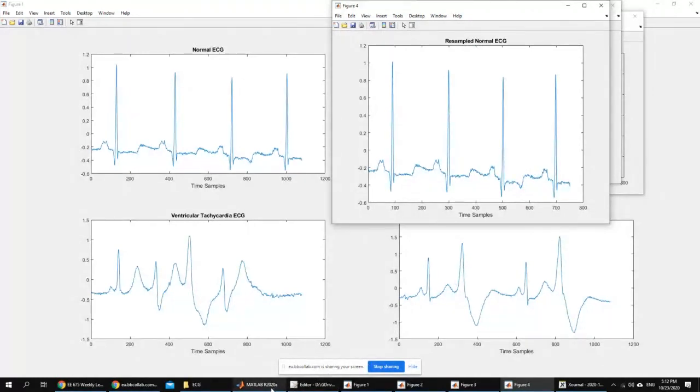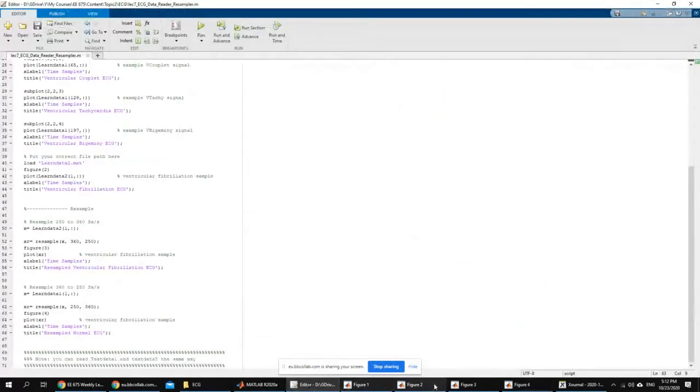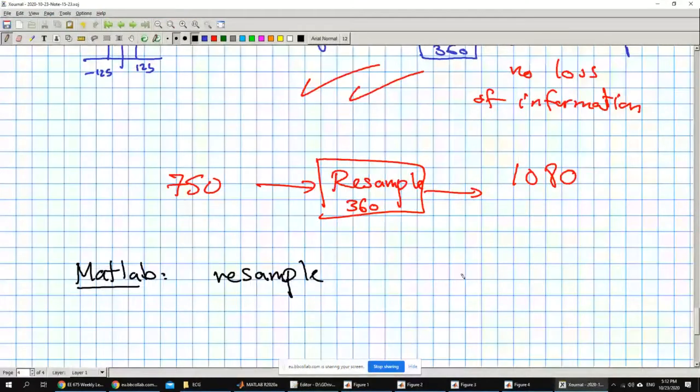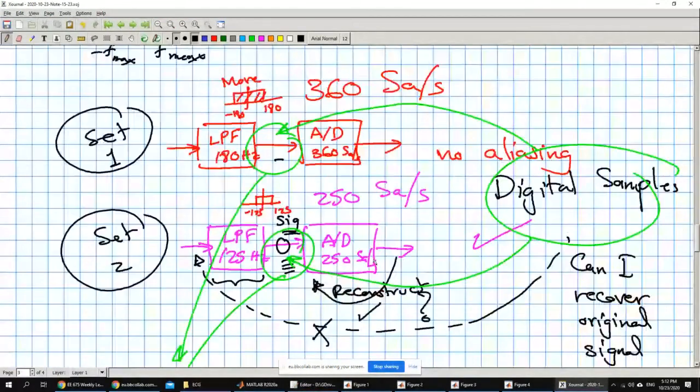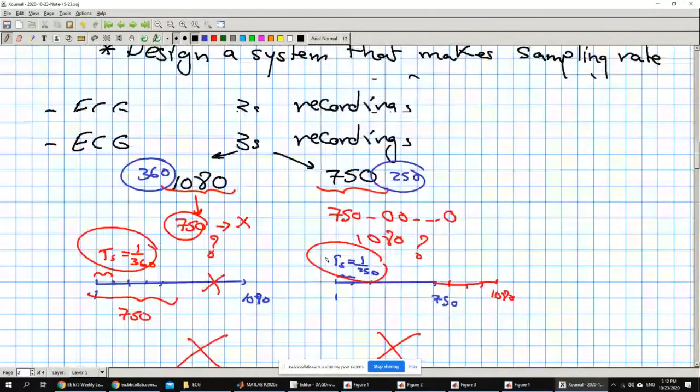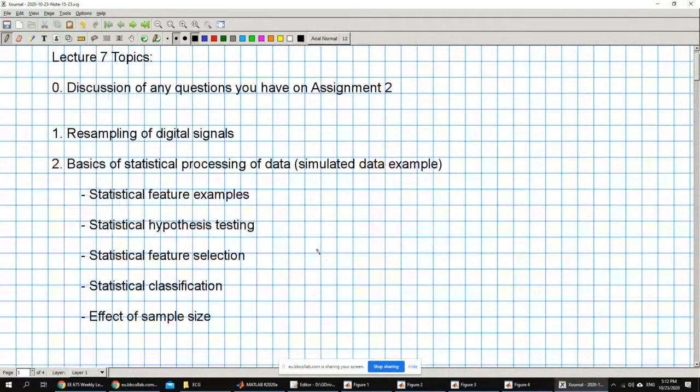So let's go back and start talking about statistical data processing. I think that we talked about it at the beginning, basic statistical processing of data. I'm going to apply that to simulated data so that we understand the meaning of each.